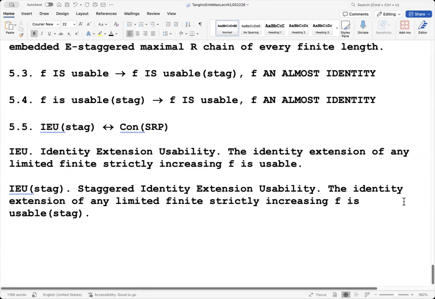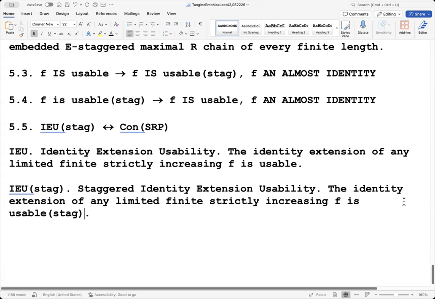And usable stag can be matched up side by side with usable. One talks about maximality, and the other has this limited form of maximality.